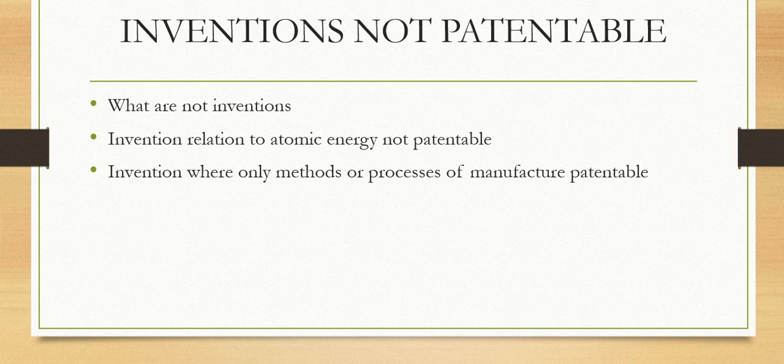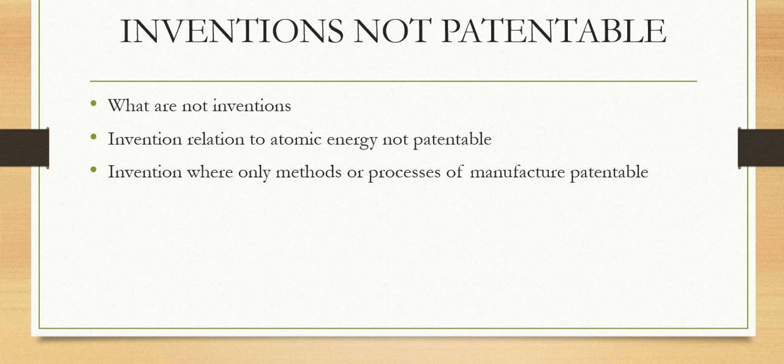Then the mere arrangement or rearrangement or duplication of known devices, each functioning independently of one another in a known way. So rearrangement of known devices functionally and coming up with a different kind of process is also not accepted.